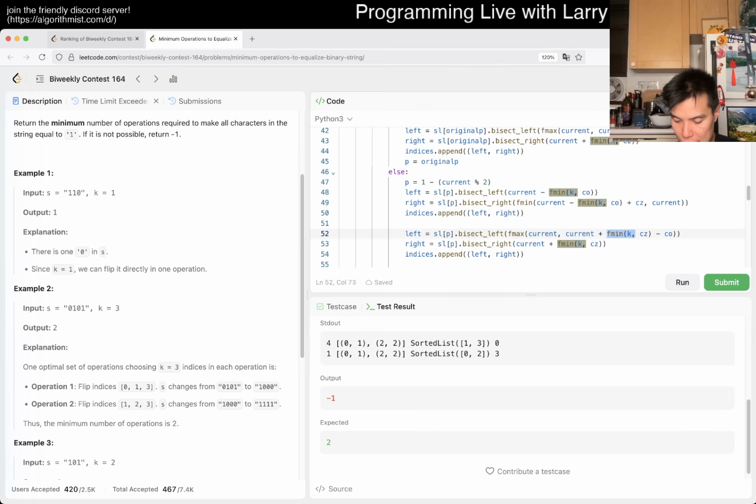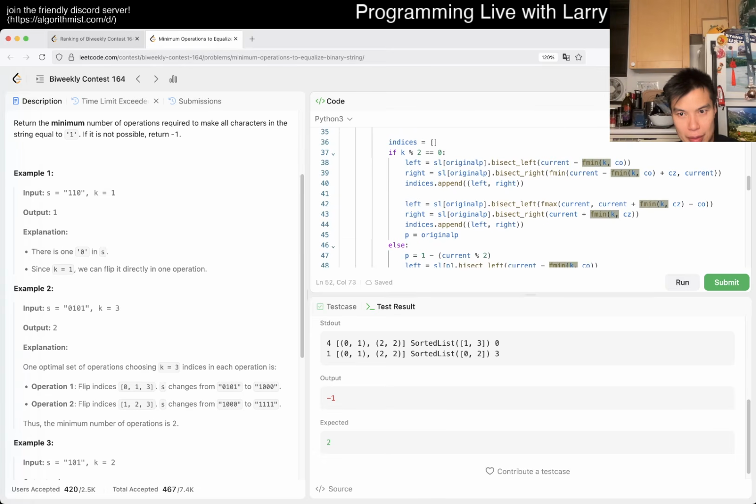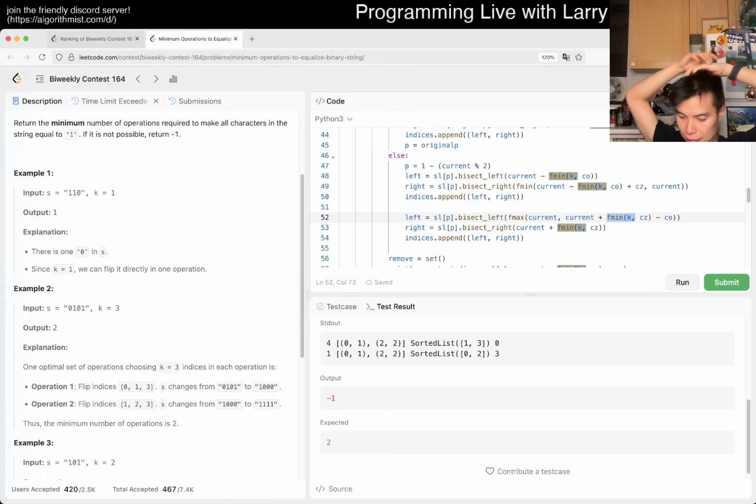Basically, you can go +1 by picking 2 zeros and 1 1. So what's the, well, the minimum is going to be +1, I guess.